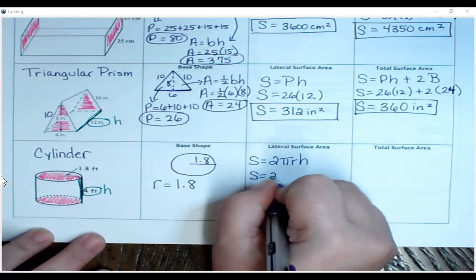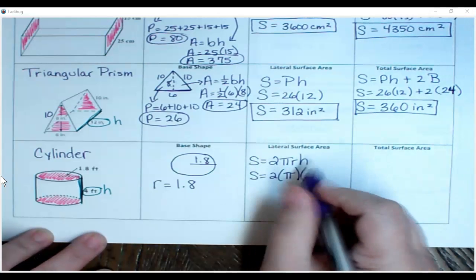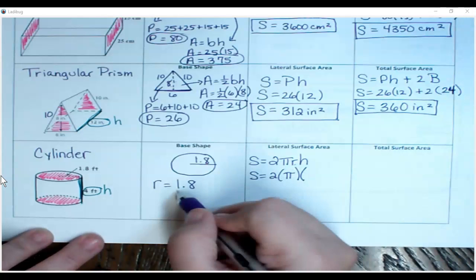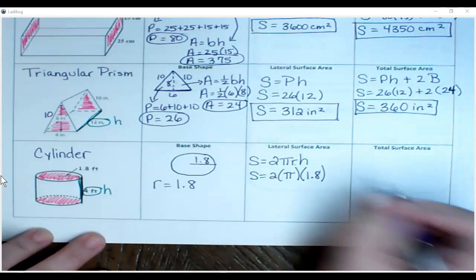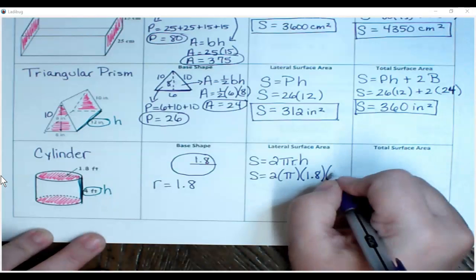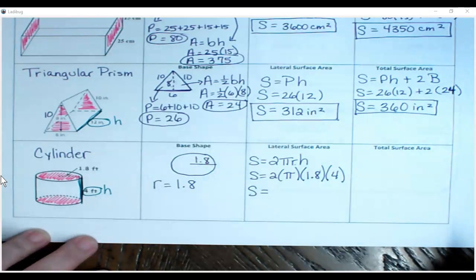S equals 2 times pi times radius. What am I going to plug in for radius? 1.8. And then I need to plug in the height. We said over here was 4. Calculate that, pause the video until you have your answer, and then come back.